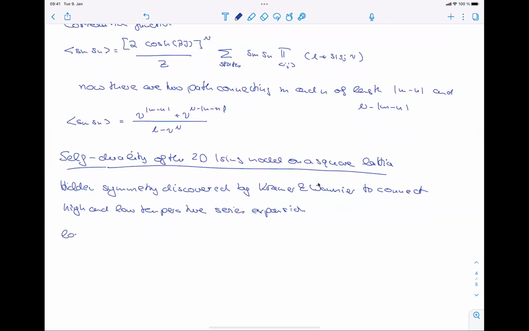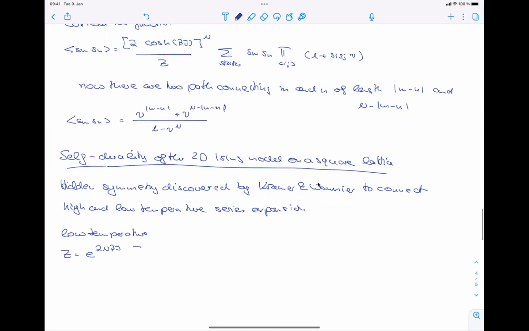So for low temperature, we had found that we can write this with a prefactor e^(2Nβ J), which is due to our ground state. And then the expansion has terms of 1 plus, and that's just the amount of different permutations of how I can have a single spin flip.